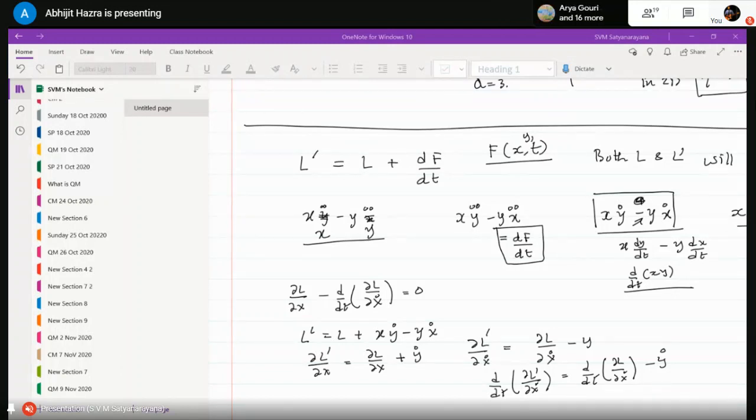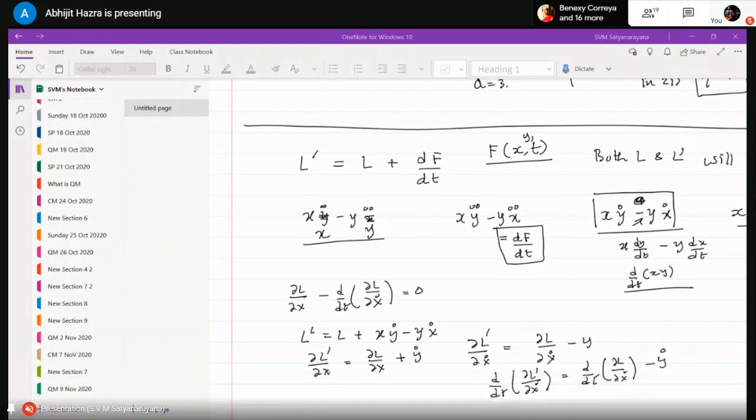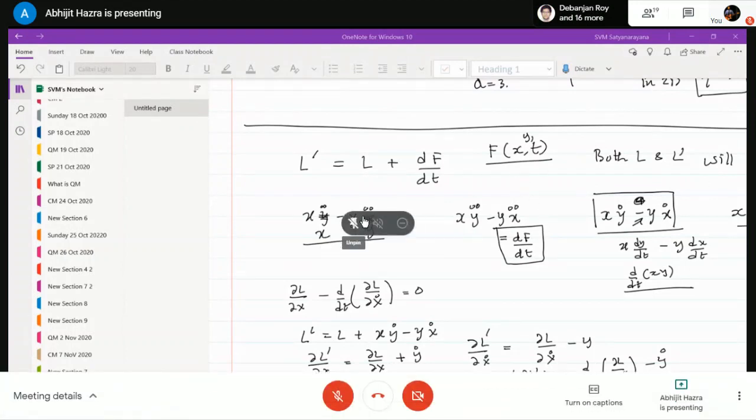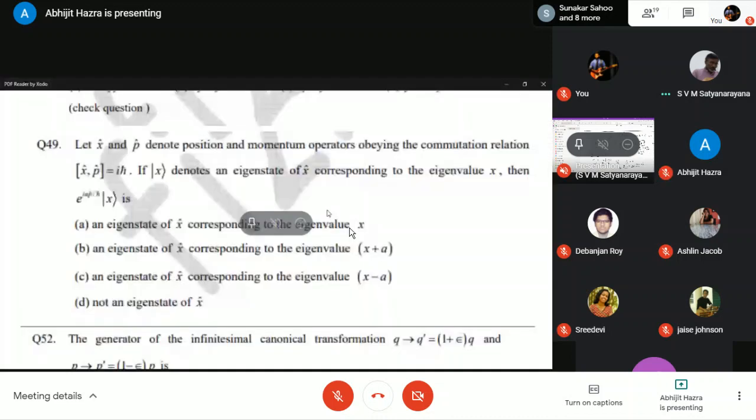But yes, let us go to the next question and let's simply remember the position of the computation of x, having x and then e to the power i a p by h bar.